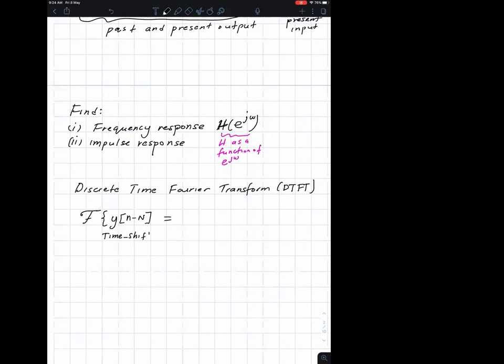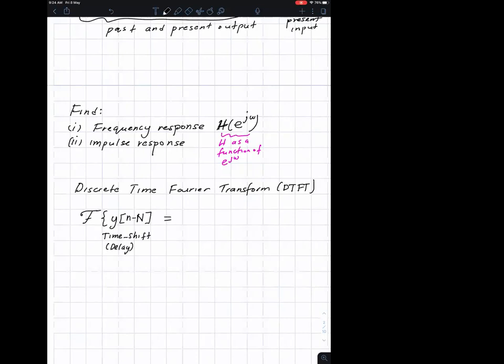Shifting the time by capital N, not the small n, this capital N. Time shift or delay for past value.